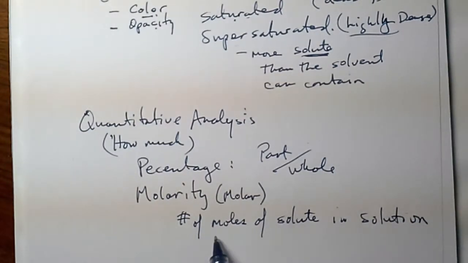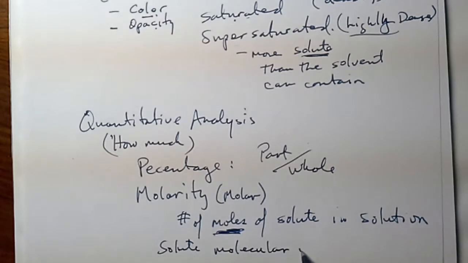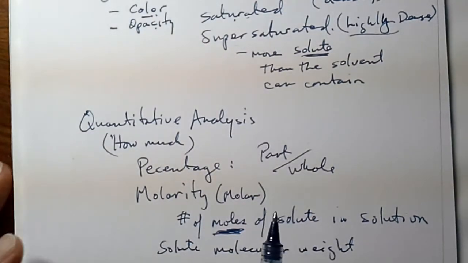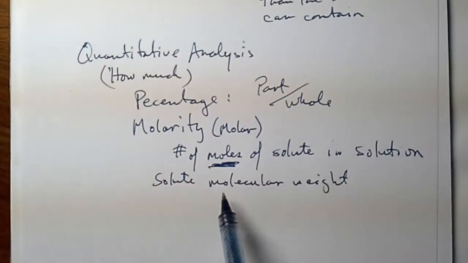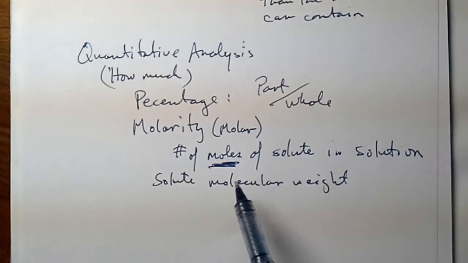And we'll talk about what a mole is later on. This is necessary to know what the solute molecular weight is. And I gave you a periodic table of elements, and we will be referencing that table when we talk about molarity and molecular weight.